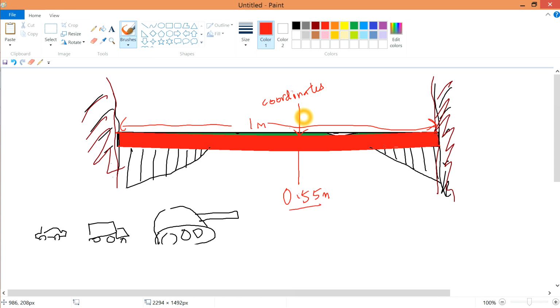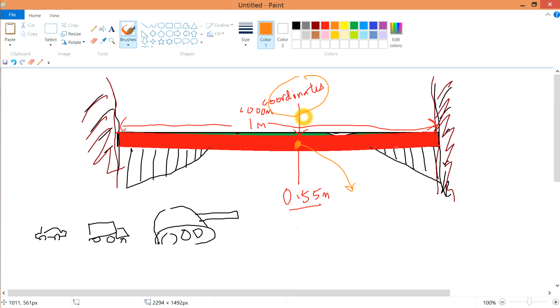But if it's 1000 meters, then it's very tough to determine the actual coordinate at this region over here. So we are keen on the coordinate system itself: at which coordinate the most deflection occurs, and things like that.